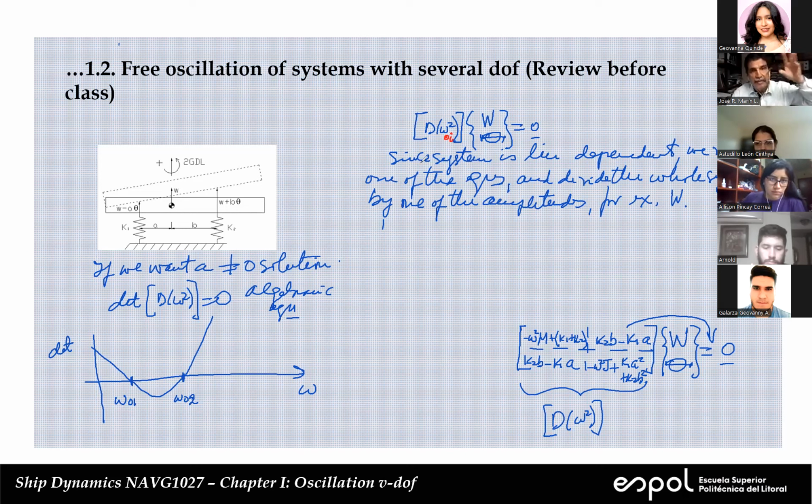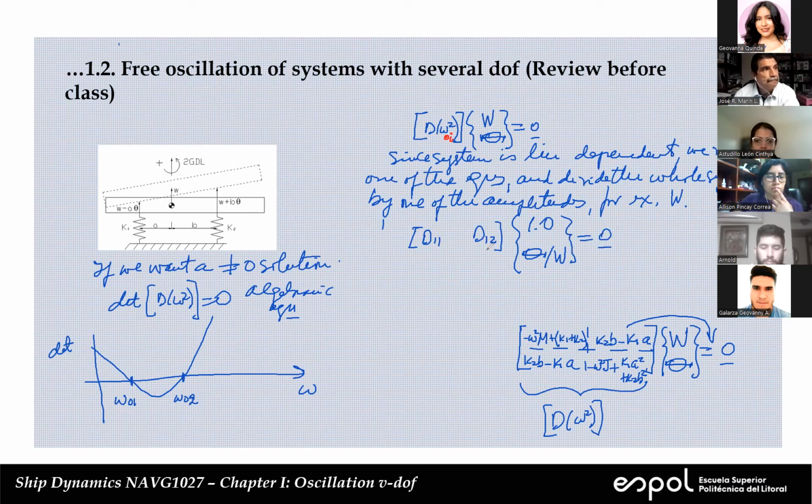The system we divide by W. So in this case the first term is going to be D11, the second one D12, because the other two we neglect. The first term is W divided by W, which is equal to 1, and the second is theta divided by W, and the right-hand side is equal to 0.